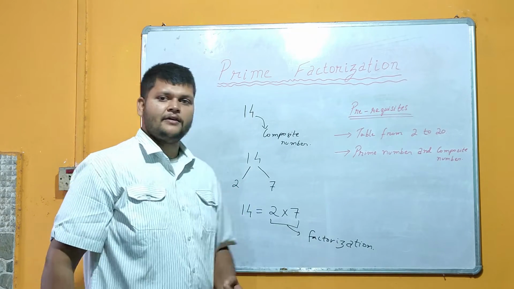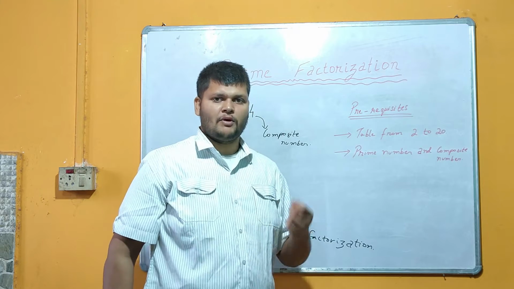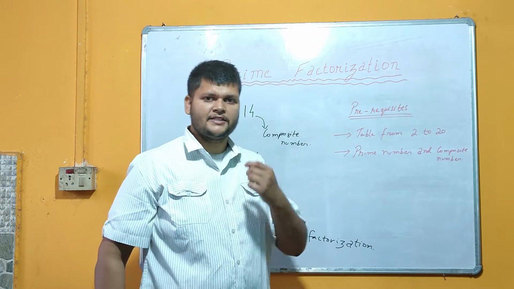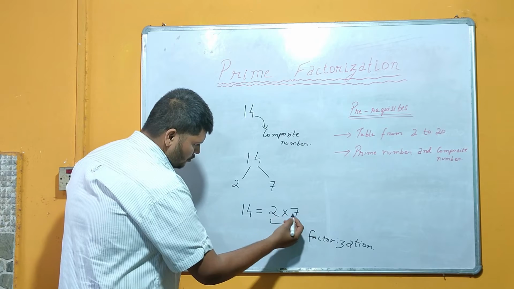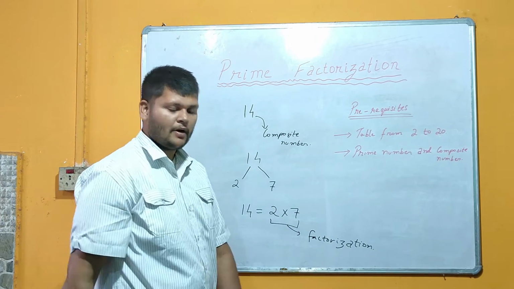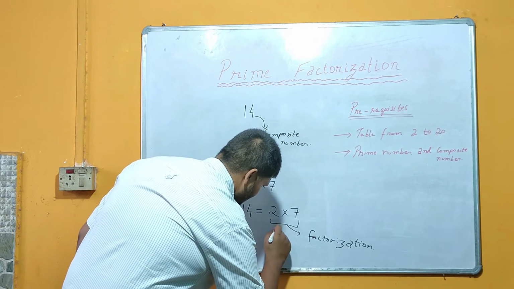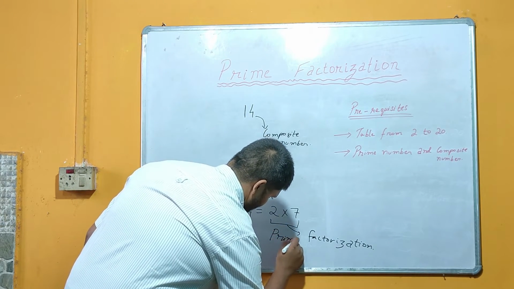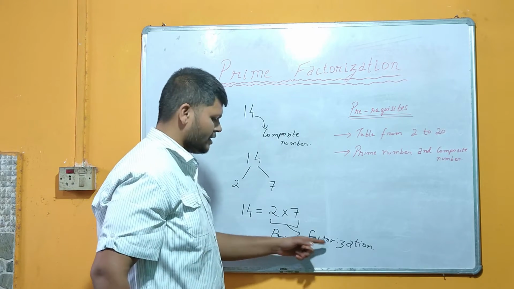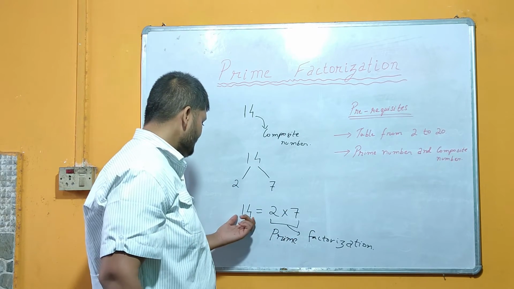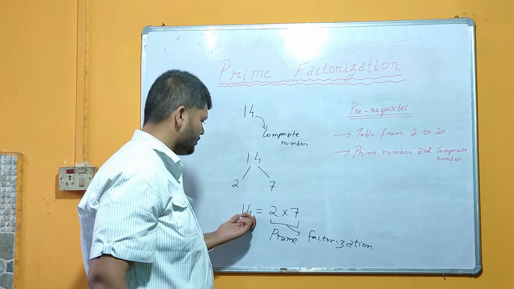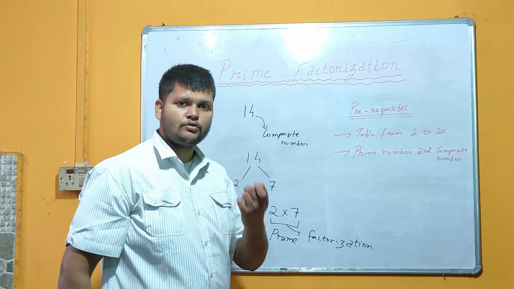For this 7, you have only two factors: 1 and the number itself, that is 7. So that's why these two numbers are prime numbers. That's why we will call it a prime factorization. So the prime factorization for this number 14 is nothing but 2 into 7.